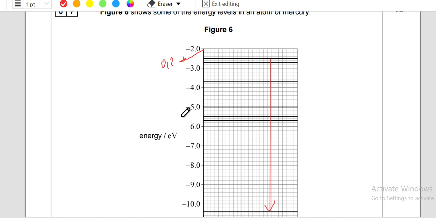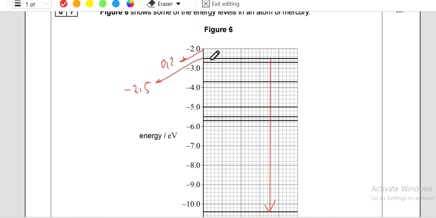So we have this value, you can say -2, -2.2, -2.4, and -2.5, or if you read from low to up, it is -3, -3 plus 0.2, which will be -2.8.